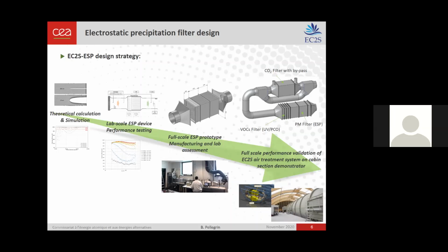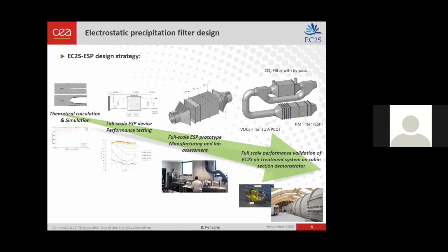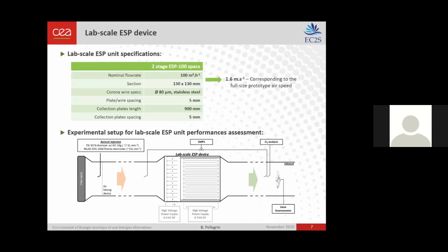And so this prototype is being evaluated. And at the end of the project, the prototype, together with the other filtration units for CO2 and VOC, will be tested in a cabin section demonstrator.